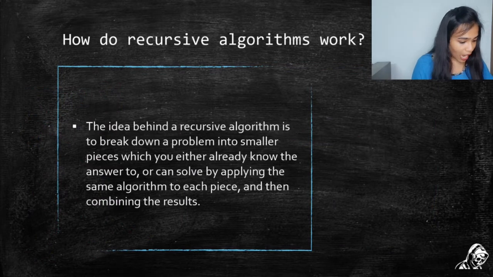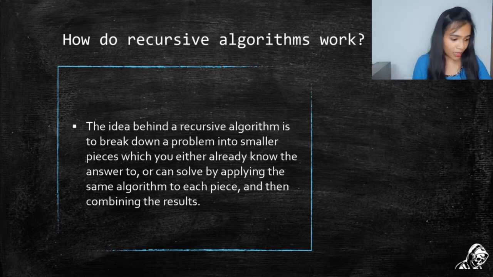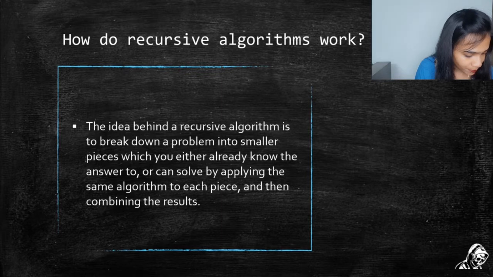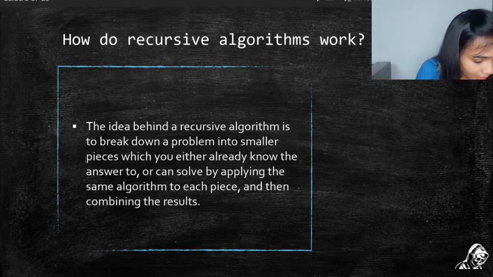Now let's find out how these recursive algorithms work. As I said in the previous slide, recursive algorithms are nothing but breaking down a bigger problem into much smaller ones, finding the solution for that smaller problem, and then integrating it to get the solution for the entire problem. Let me give you an example where I have to manufacture 500 t-shirts.